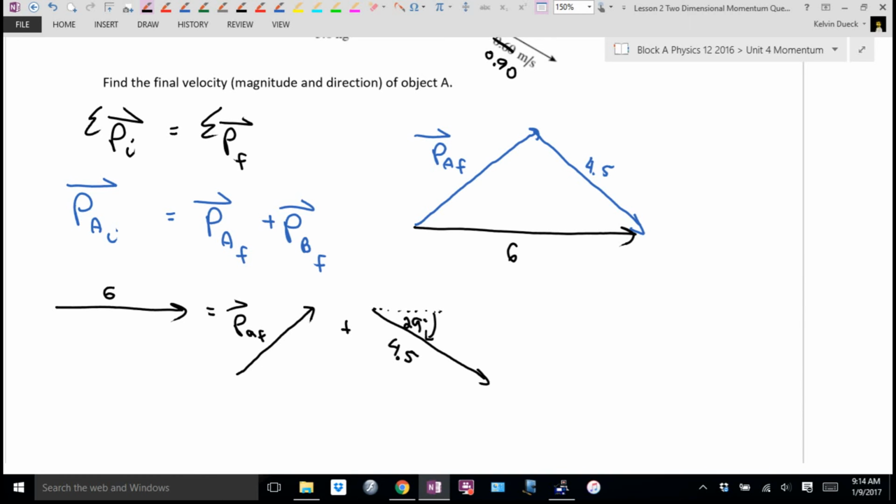I have to do some trig. This angle here is 29 degrees. It's not in my triangle, unfortunately. Okay? This angle here is going to be 29 degrees. Now, some of you may have seen that. It's a geometry thing called alternate interior angles.